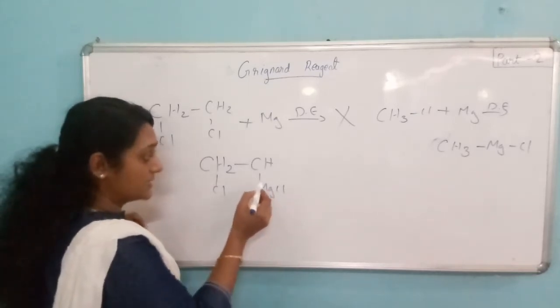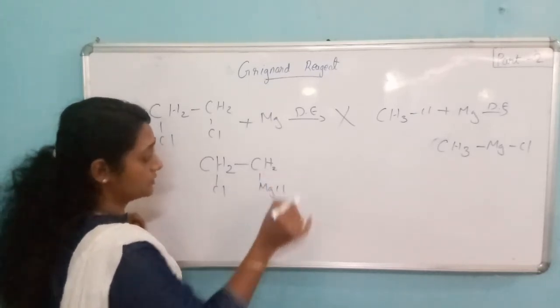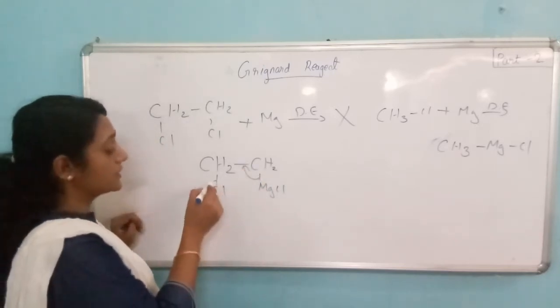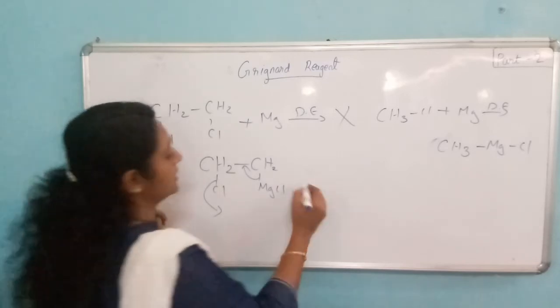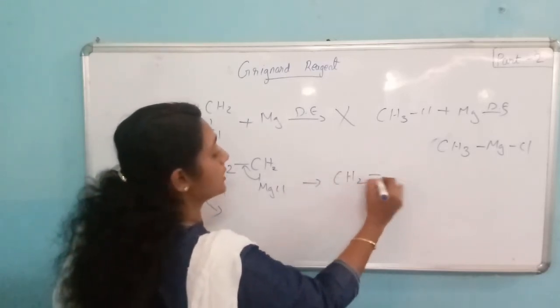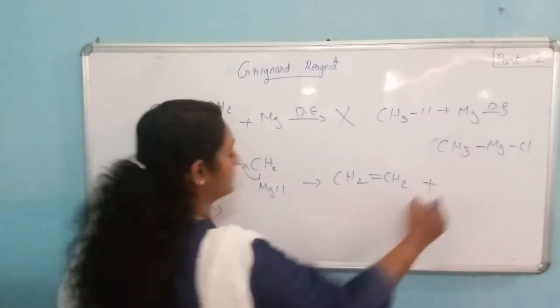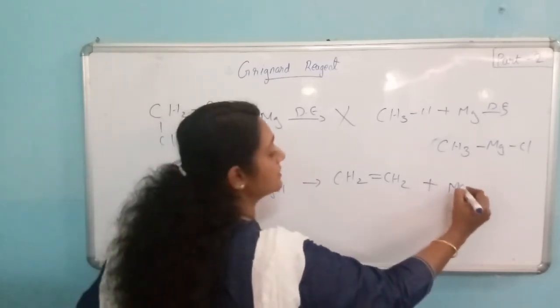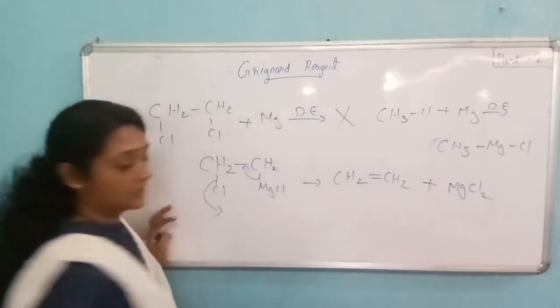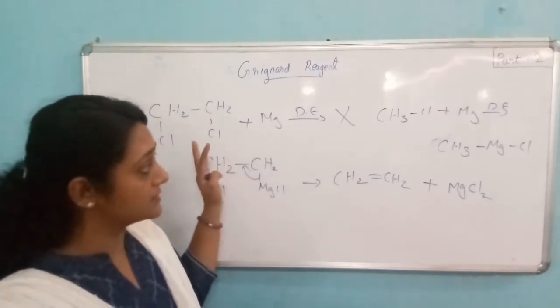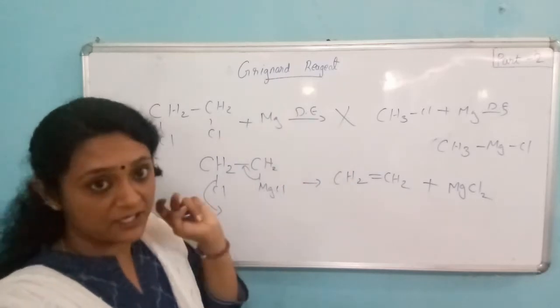And the next reaction: the CH2 bond comes here and Cl, being a good leaving group, leaves, and finally we get CH2 double bond CH2. Thus we get an alkene plus MgCl2. Thus dihalides will not result in the formation of Grignard reagent.